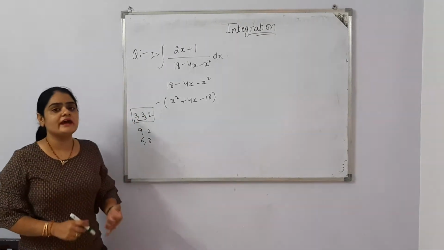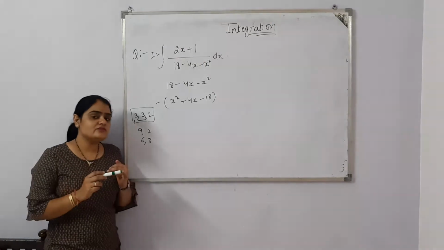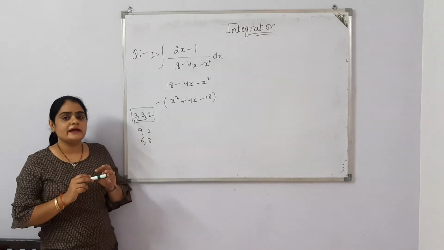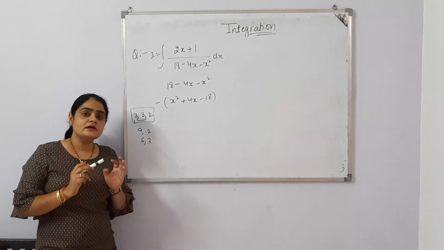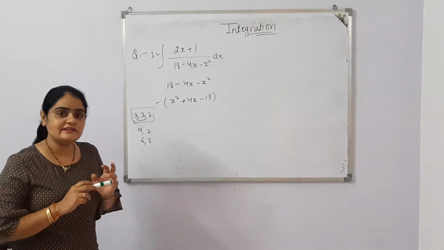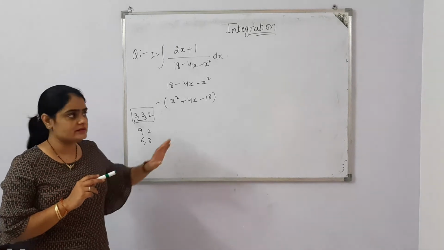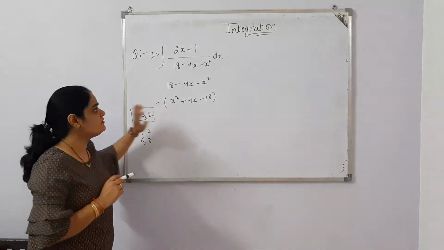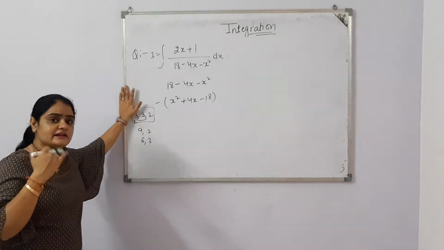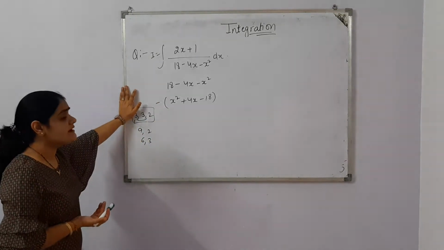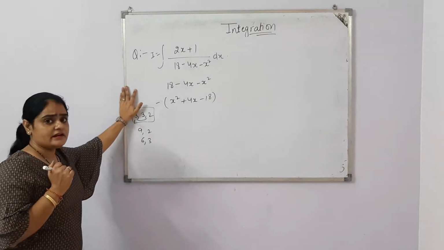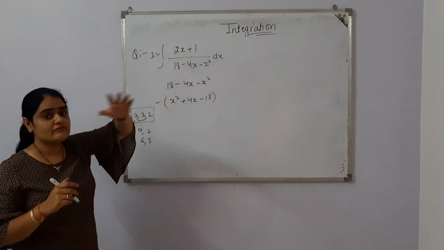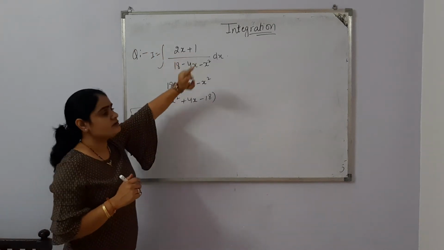In that case, when partial fractions are not possible, we need to apply the completing the square criteria. What is the completing the square criteria? I'll let you know. First of all, before applying it, we need to look at the numerator, which is 2x plus 1.